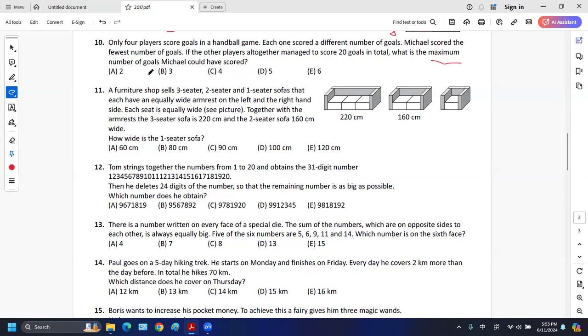So let's start with E. For E, the lowest numbers that the other players could have gotten are 7, 8, and 9. That equals 24.